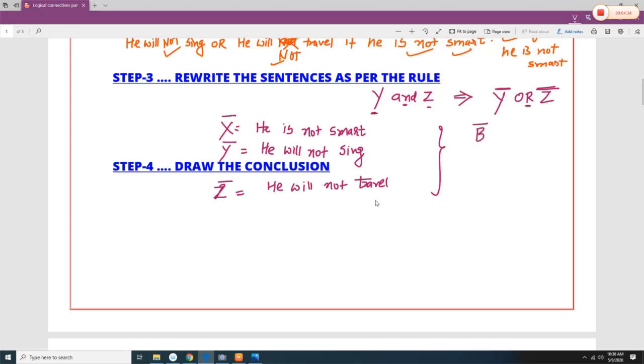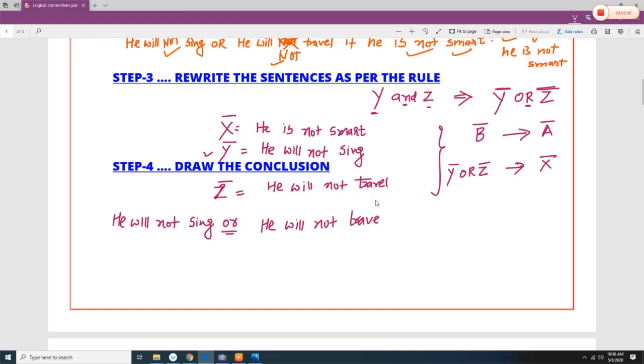Now our rule says B bar to A bar. Here B is Y bar or Z bar, which leads to X bar. So Y bar means he will not sing, or Z, he will not travel, if he is not smart.